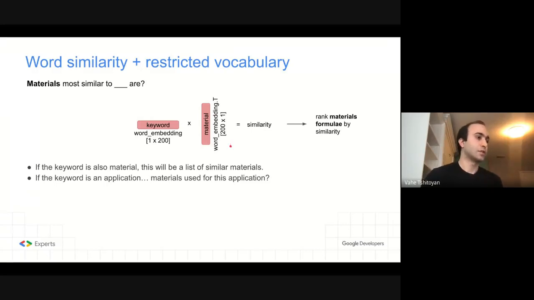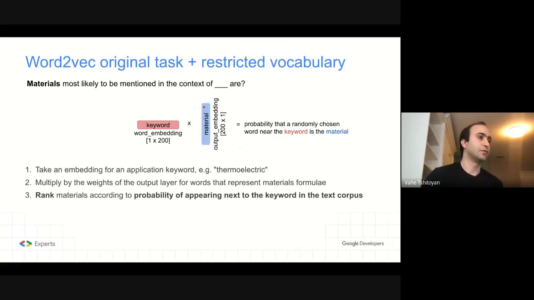So to deal with this a bit better, we can remember the original task of the word2vec model, which was to predict context words given a target word. Now say our target word is this keyword here. The question is, what are the materials most likely to be mentioned in the context of this target word, which could be, for instance, an application word like thermoelectric?